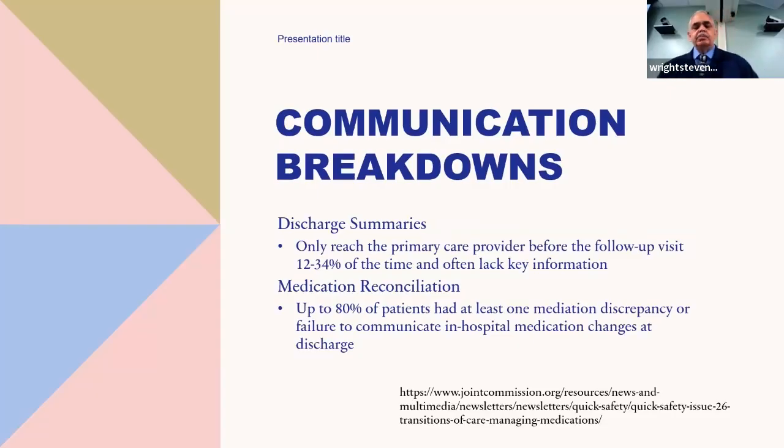The communications breakdown continues with, how do we get that information about the acute hospitalization back to the primary care doctor? In our case, for our group, we could optimize that by making sure that we had good, accurate discharge summaries, and that the discharge summaries were done on time.